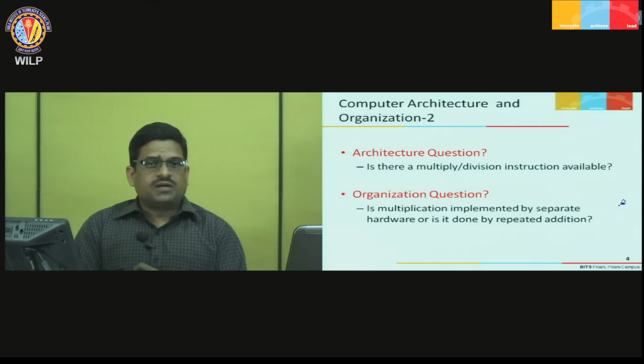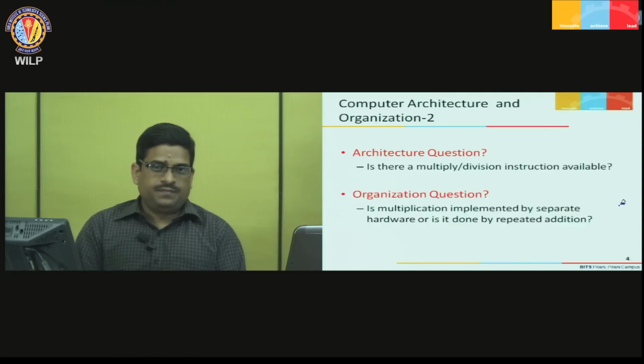Similarly, an organizational question is how the multiplication is implemented. Whether the multiplication is implemented with separate hardware or by repeated addition. For example, you have to write a program for multiplying two numbers, let us say 2 multiplied by 3.